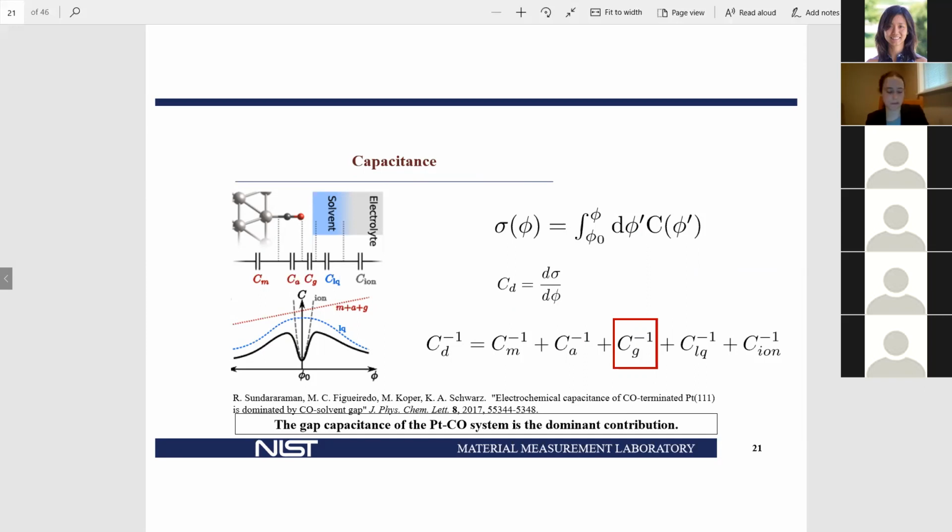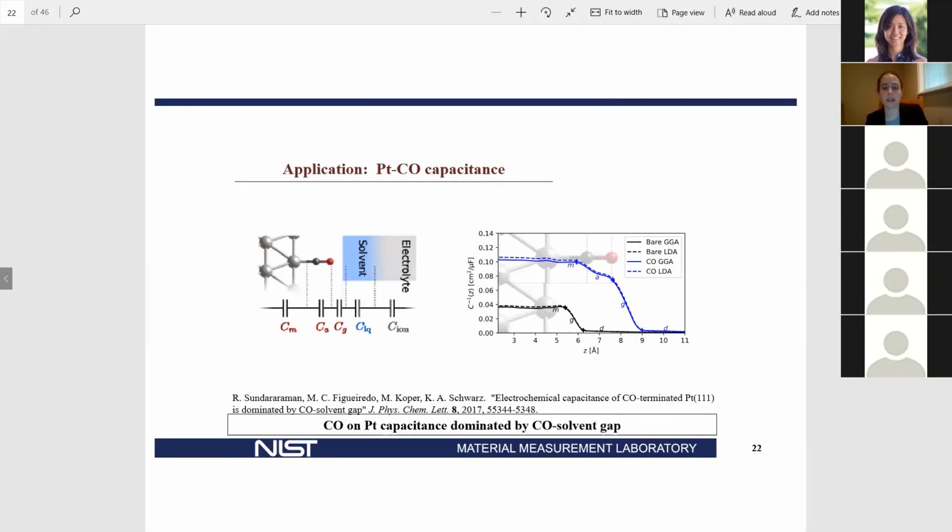of the capacitance. So just to briefly illustrate that, here is the inverse capacitance as a function of distance, a z distance away from the metal surface. And we can see first for the platinum 111 system, without the CO adsorbate, the capacitance drops across this gap region, and that's all that happens, versus on the platinum CO, one sees that the metal capacitance is very large and so doesn't contribute much towards the total overall capacitance drop.